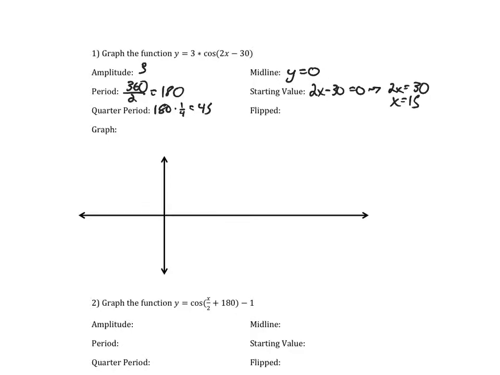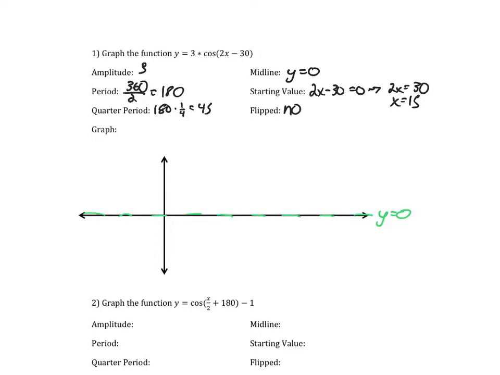And is it flipped? No, it is not. So again, I'm going to start this like I start every sine and cosine graph. I'm going to start by graphing the midline, which, if it hasn't been shifted, is going to be at 0. Now remember, in terms of the y value, the cosine graph starts the amplitude above the midline, not on the midline like sine.